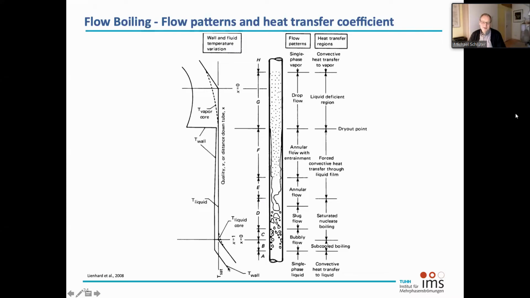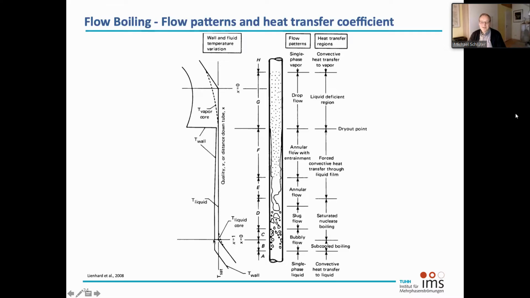First of all, the liquid is subcooled, so we have a lower temperature than the saturation temperature. And at this point here, the liquid overcomes the saturation temperature, and the first vapor bubbles will appear. So here we have single phase flow. Here we have bubbly flow.